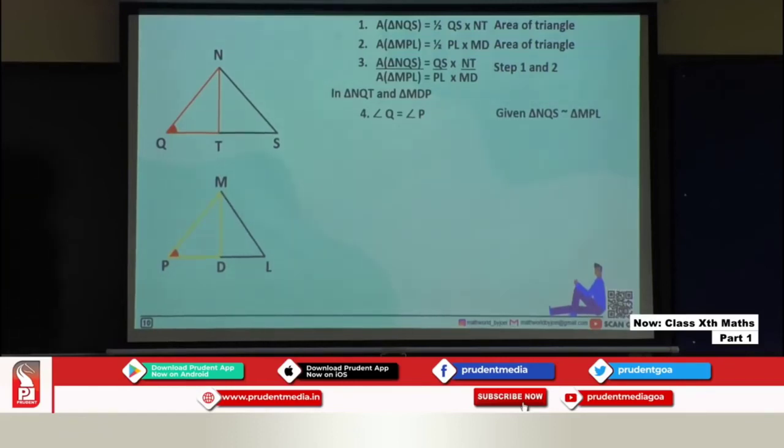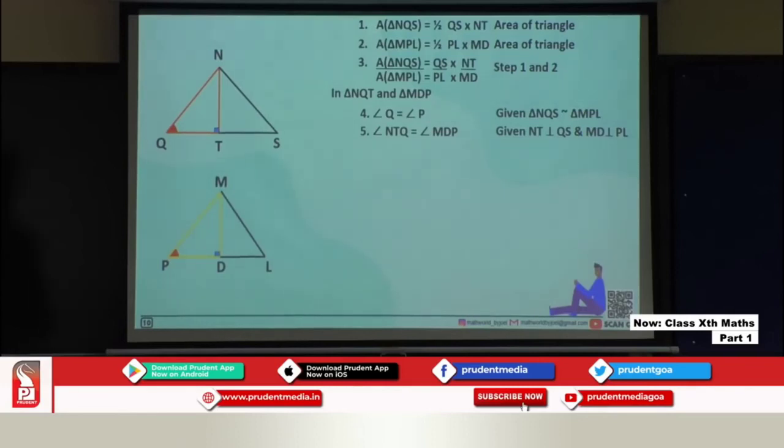Okay. Now next step, I can write that we were told that NT is perpendicular to QS, right? So perpendicular means the angle is 90 degrees. Same way MD was perpendicular to PL, so angle D is 90 degrees. So I have written that. Okay. With statements it would become angle NTQ is equal to angle MDP. And reason would be what have I told?